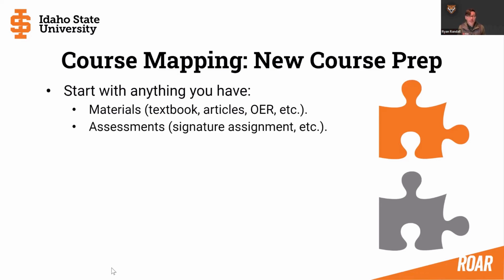Start with those, then also think about your assessments. Think about how the materials and the assessments align to your course outcomes. The assessments you might start with, having them in mind, might be a signature assignment, something that you know is well designed to go for a general education outcome, anything like that. Then start to think about the gaps and the fit of these different things.